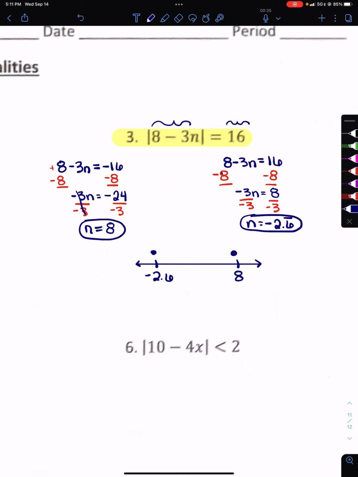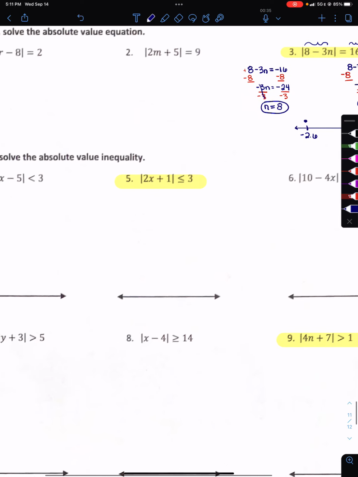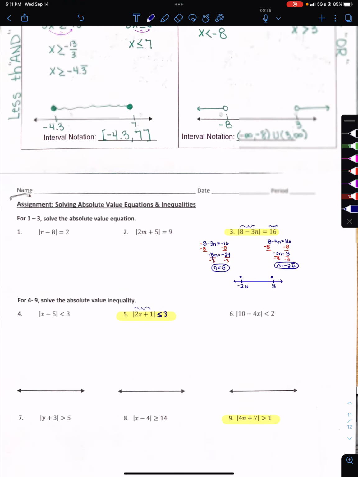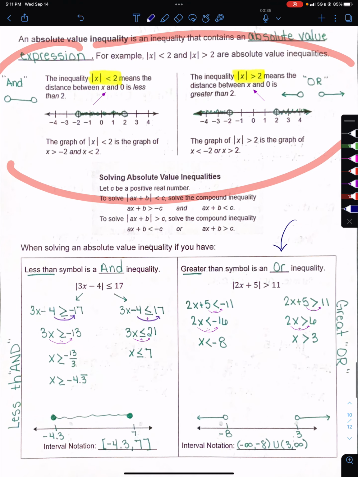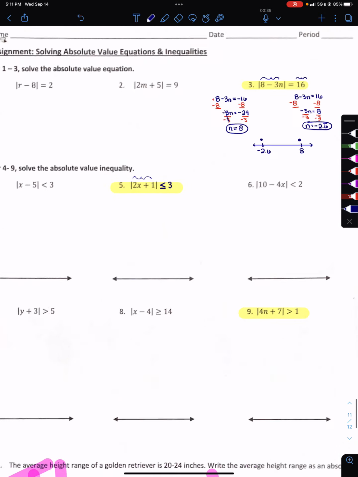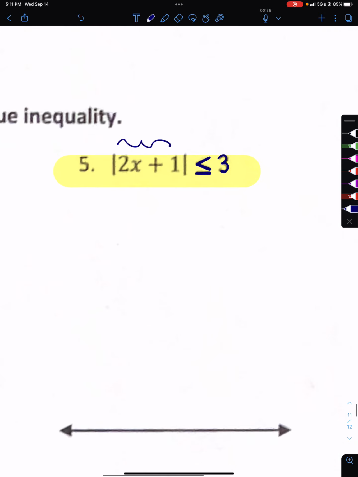This one is going to be an inequality. I have that the absolute value is less than or equal to 3. Since it's less than or equal to, if I go back to our notes, less than or equal to means that it's going to be an AND statement. So this will be an AND.